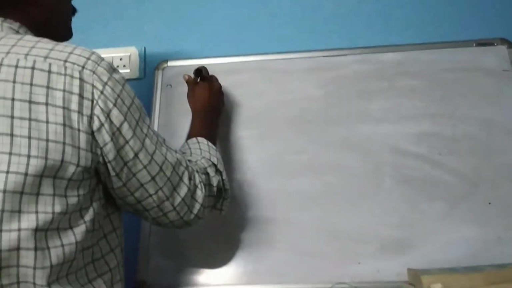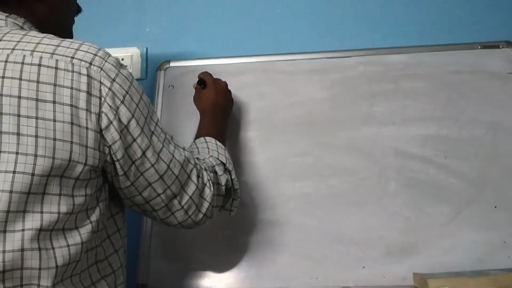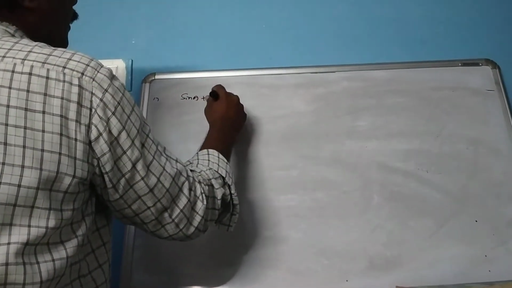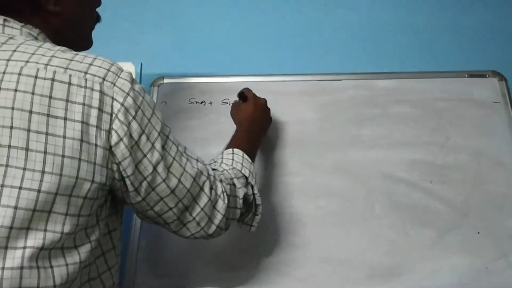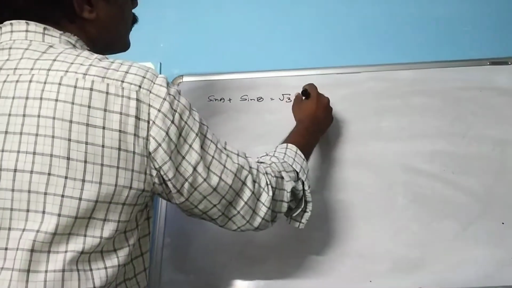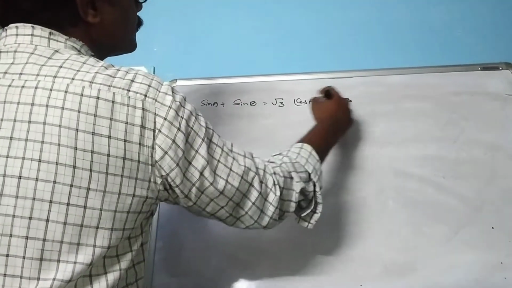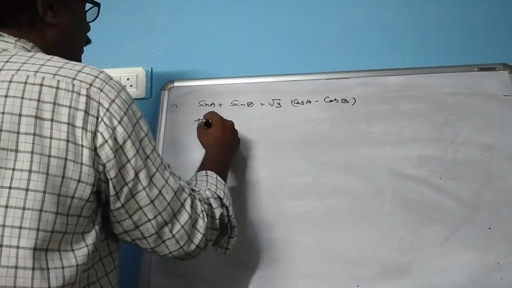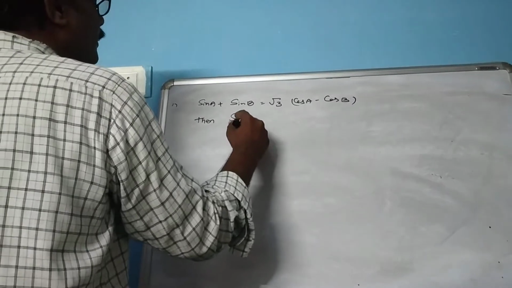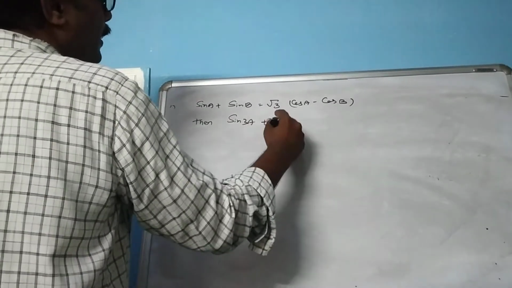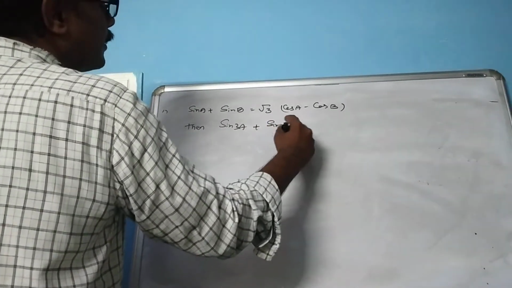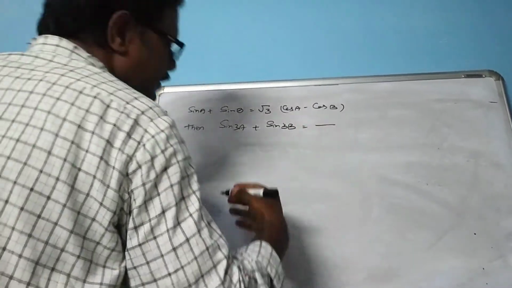Given in EAMCET 2004: sin A plus sin B is equal to root 3 into cos A minus cos B. Then sin 3A plus sin 3B is equal to dash. This is also a question given in EAMCET 2004.